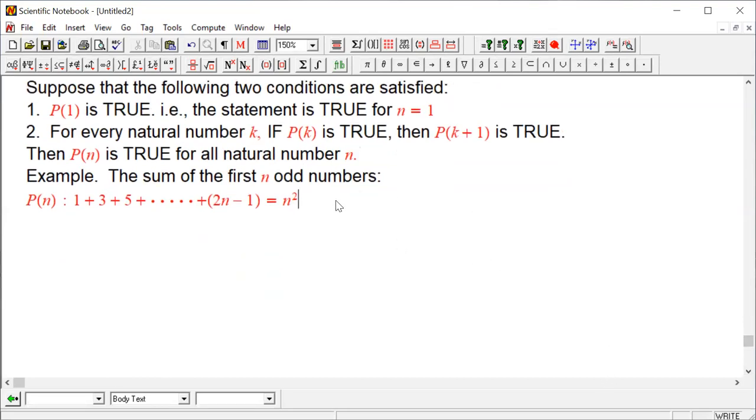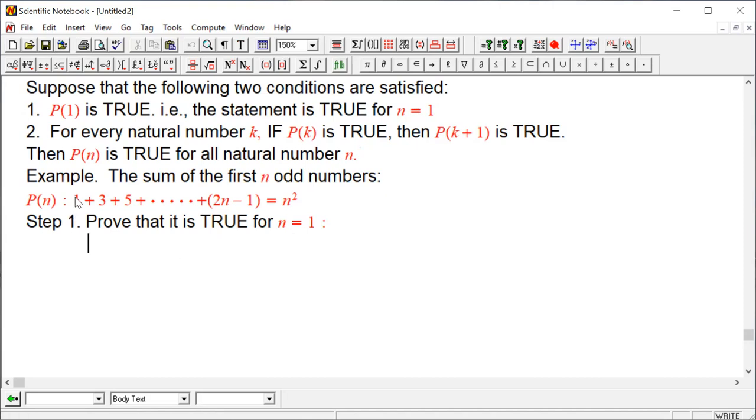We're going to go by two steps. Step 1, we're going to prove that it is true for n equals 1, and that is obvious.